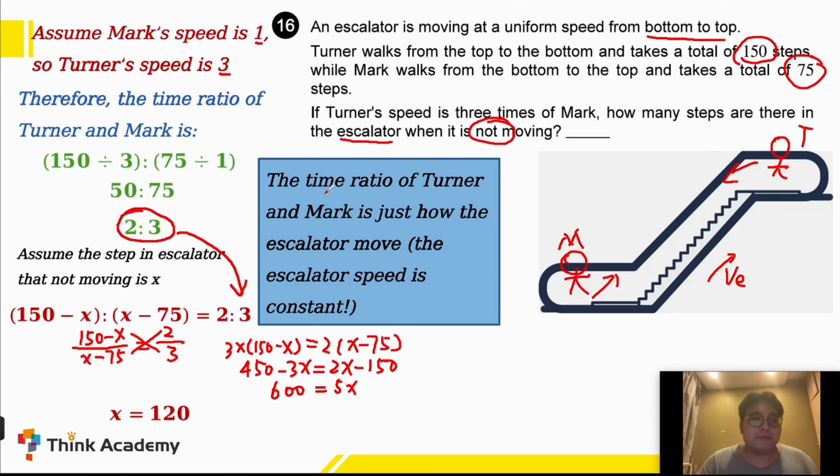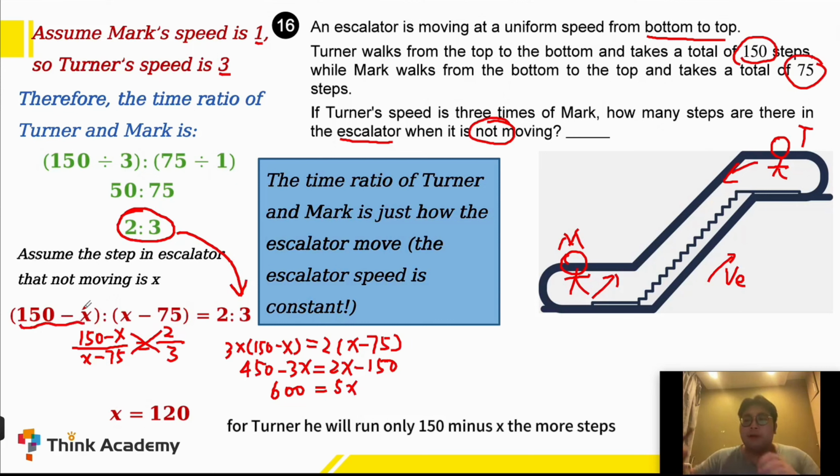Then for Turner, the escalator steps will be 150 minus x, and Mark will only run x minus 75 steps when the escalator runs. So here we can write down another equation and use cross multiplication of the fraction from the algebra equation. Then you can find x equals 120. So there are only 120 steps when the escalator is not moving.